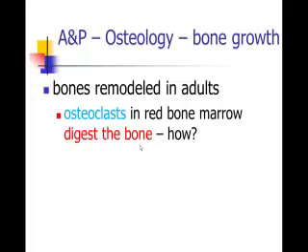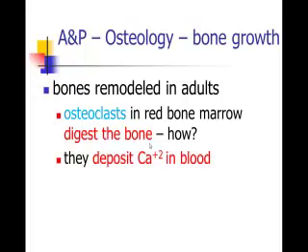They don't have teeth, so they can't chew it like Pansy likes to chew her bones. So they have to come up with another way. Does anybody have an idea? Right, acid, very good. And also they have proteinase, some enzymes that are able to digest the collagen fibers, the proteinaceous fibers in the matrix.